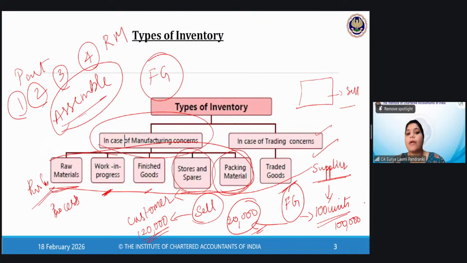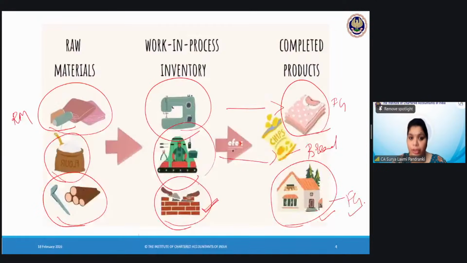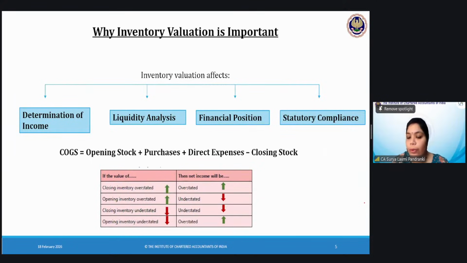So I was talking about why we have to learn about inventory. Here are a few reasons why we have to know what inventory is, why we have to do inventory valuation, and why it is important. Like ma'am mentioned, it is an important chapter which you will have throughout your life.